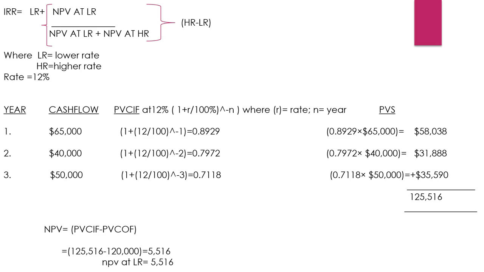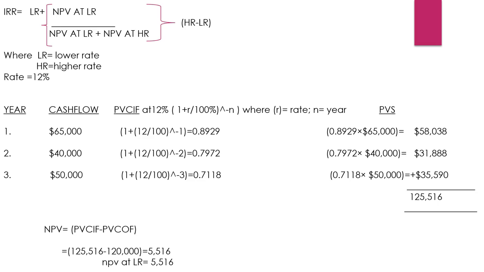Close the bracket and then you open another bracket, HR, higher rate, minus lower rate, close the bracket. So LR means the lower rate and HR means the higher rate. The rate we are given is the cost of capital, 12%.